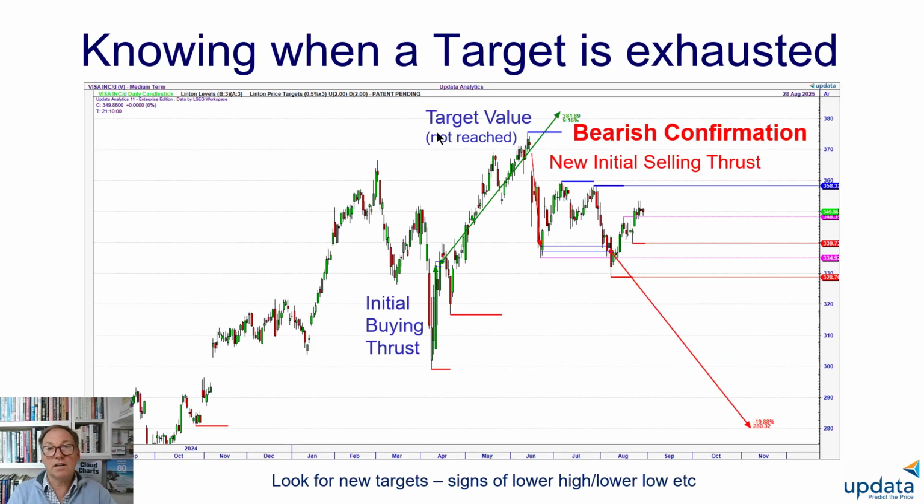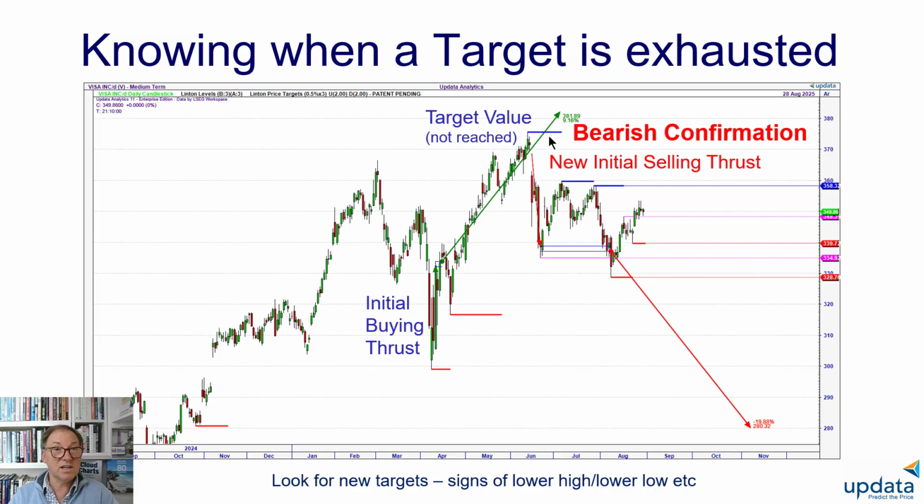So knowing when a target is exhausted is a really key factor. We looked at one example in the previous lesson, but here you've got this upside target, you then don't quite get there, and now you're starting to fall away, and at some point you're getting a downside target generated.